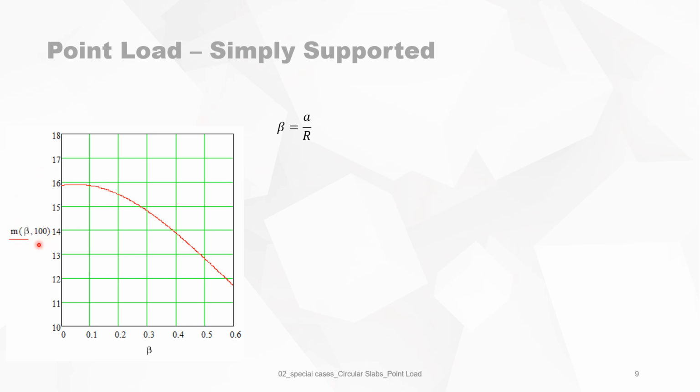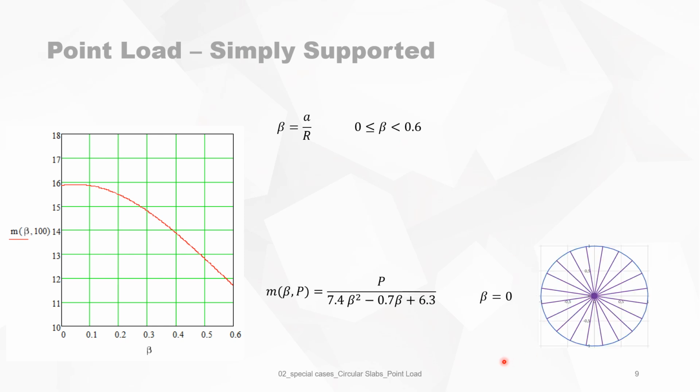This is plotted for a value of external load equal to 100 kilonewtons. So the equation of the bending moment we have seen is equal to that. And we know beta must be between 0 and 0.6.